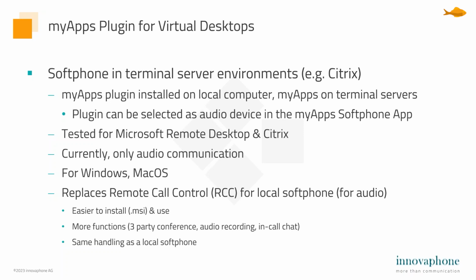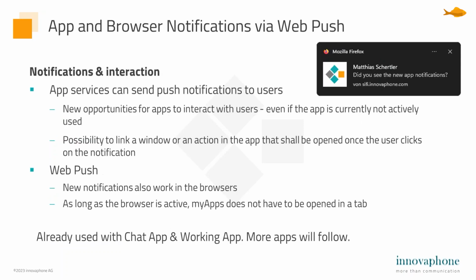So, yeah. Apart from that, also a little bit more technical, but again, for the end user important. We also now, if you use myApps usually in your browser environment and not as a client, can be informed via web push notifications, even when the app tab is currently not in use.